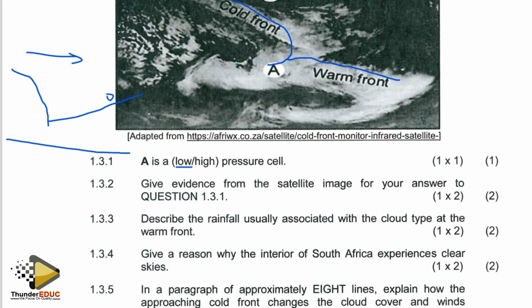So we are looking at the clouds that develop along the warm front, indicated by this, while this is our cold front. We want the type of clouds that develop around this area along the warm front.